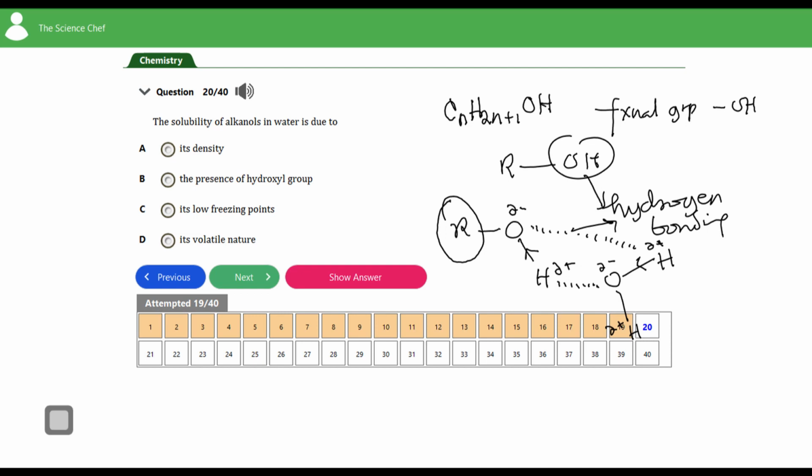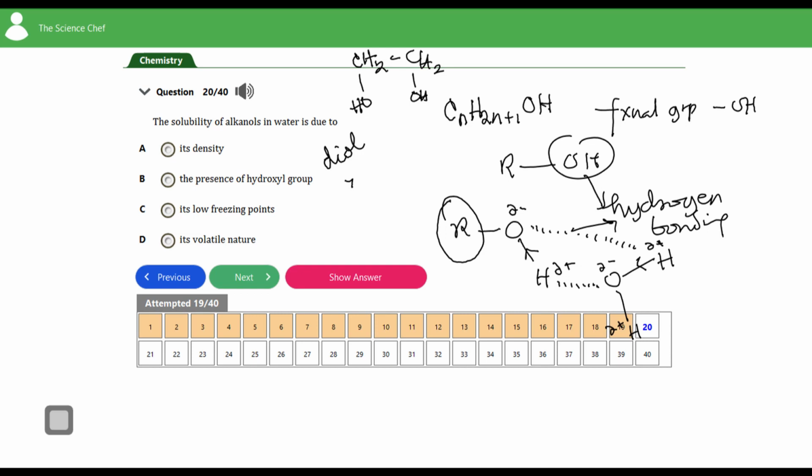The solubility also increases if the number of hydroxyl groups in the alcohol increases, which is why a diol will be more soluble in water than a monohydric alcohol. A diol is an alcohol that has two hydroxyl groups, like ethane diol, CH2OHCH2OH. Ethane diol will be more soluble in water than ethanol, C2H5OH, because it has two hydroxyl groups.